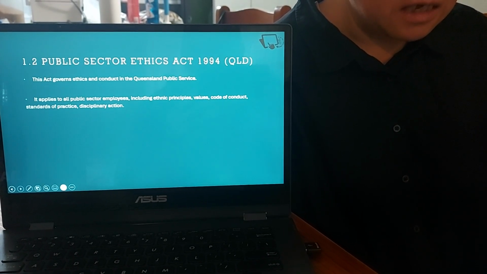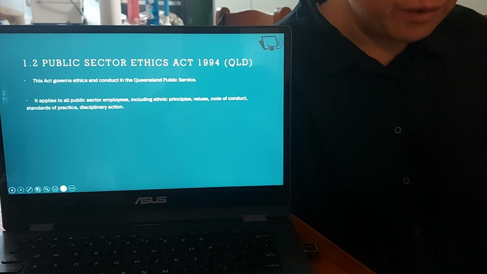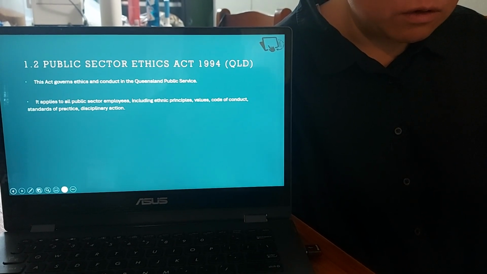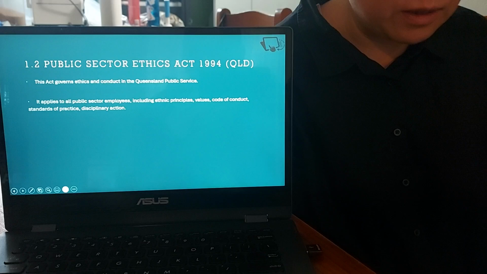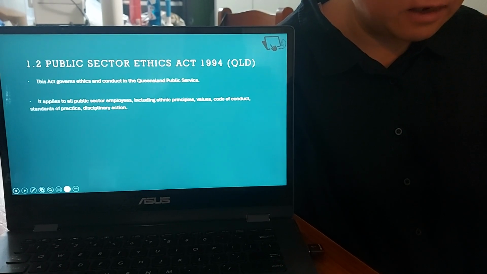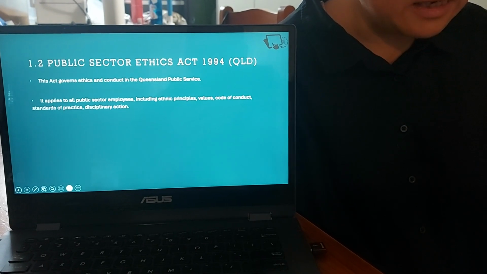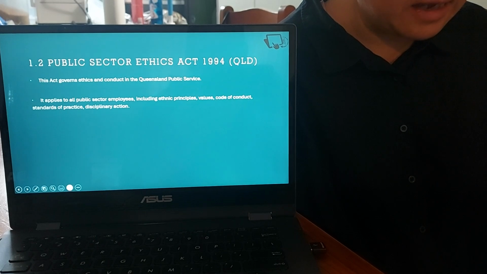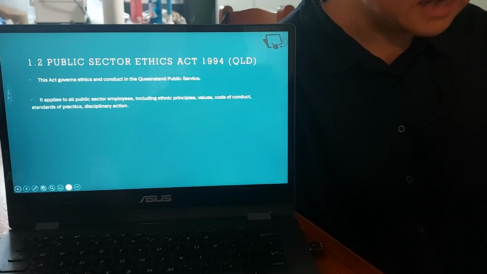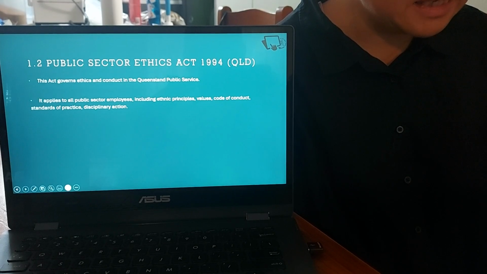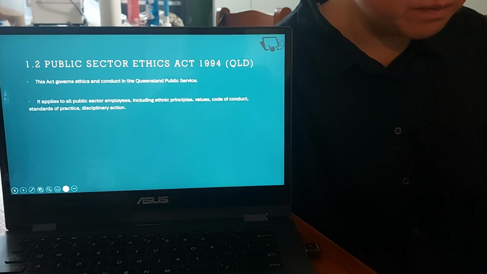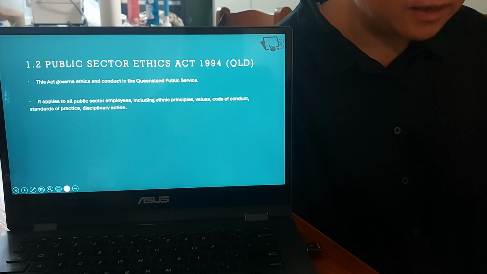This act is very important to us because we need to comply with all the regulations in there, including ethics principles, values, code of conduct, standards of practice, disciplinary actions, etc.